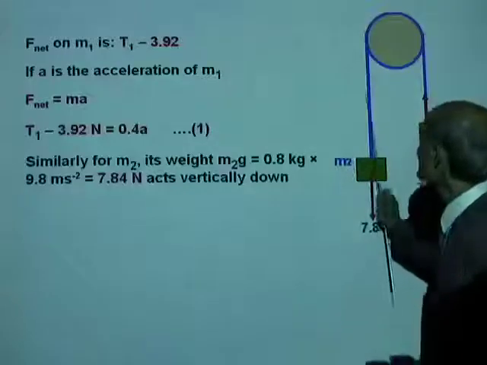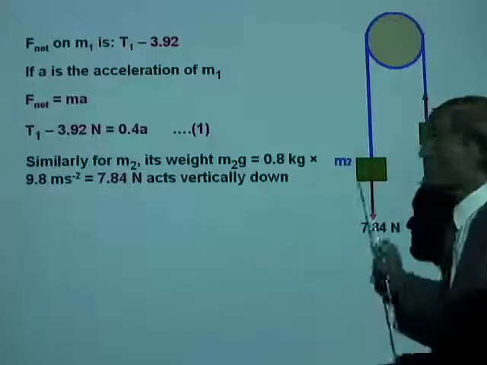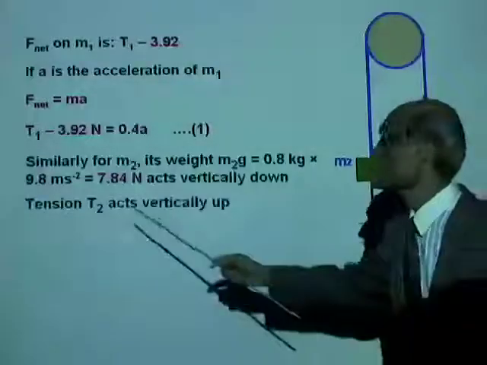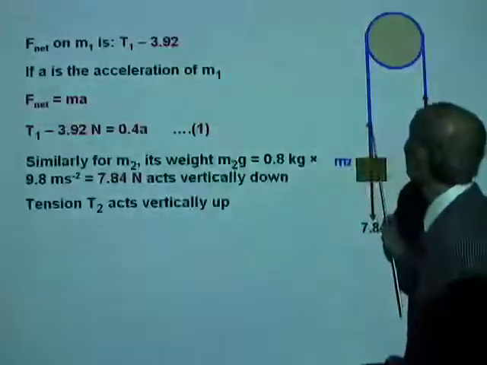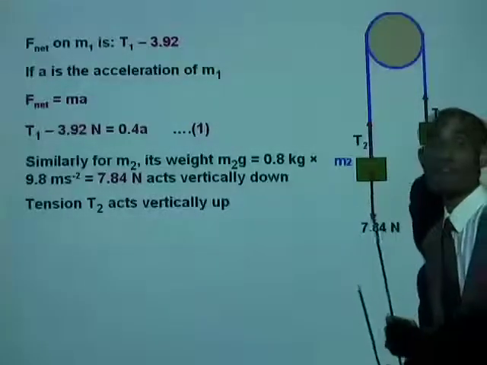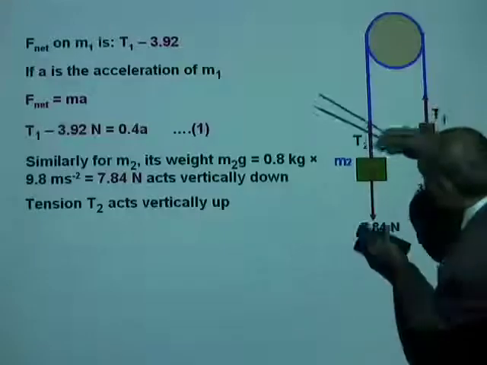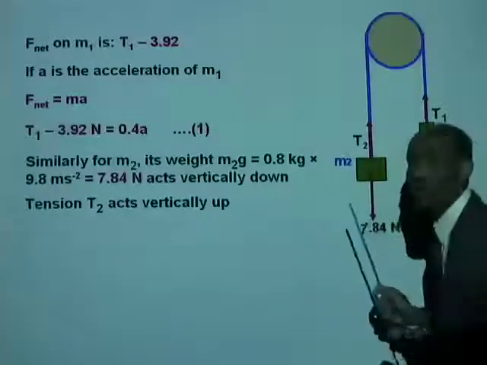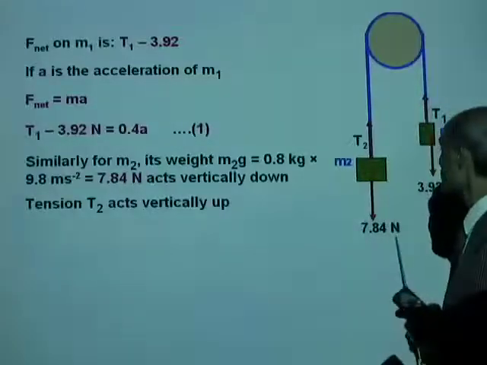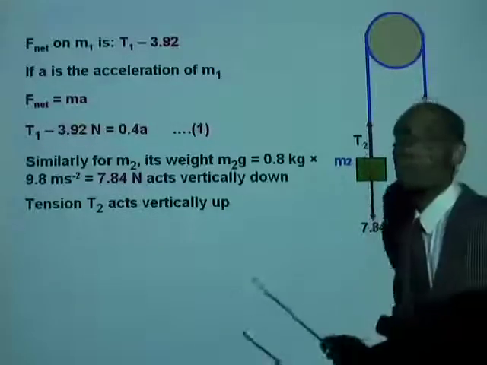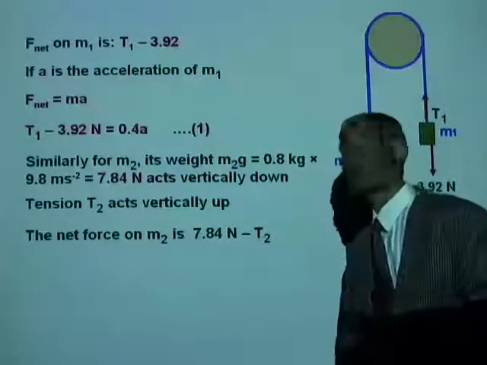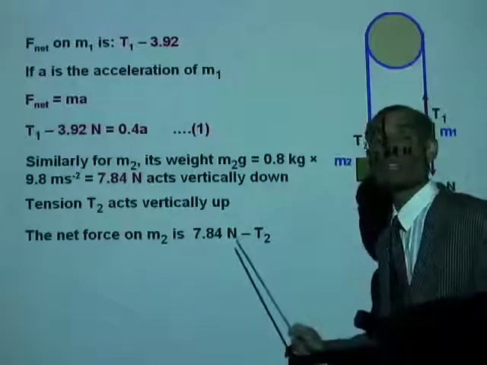What is the tension on the string? The tension on the string, we said earlier, is T2. T2 acts vertically up. There you are. So what is the net force on the mass M2? Since the mass M2 is moving down, the magnitude of the net force is 7.84 Newton minus T2.